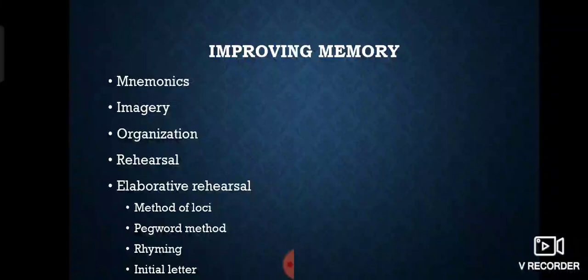The initial letter method, for example, is when the first letter of each word in a list is used to make a sentence. I remember in elementary, when memorizing the planets, we were given this: my very eager mother just sent us 9 pizzas.